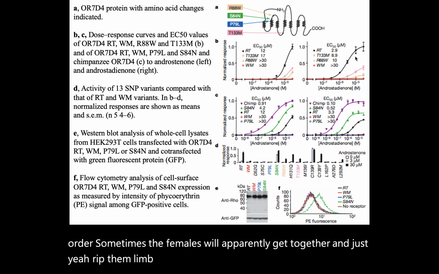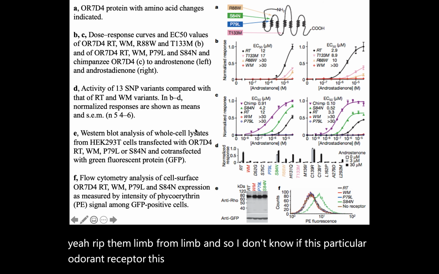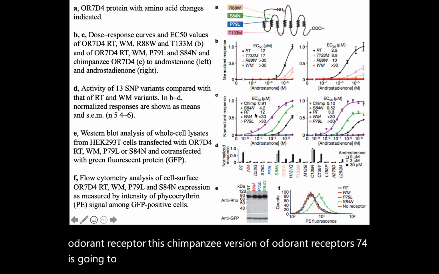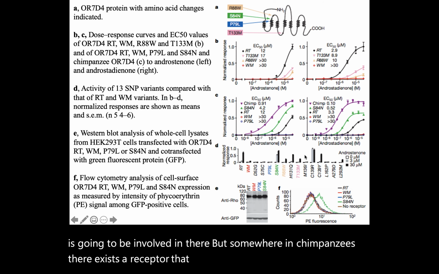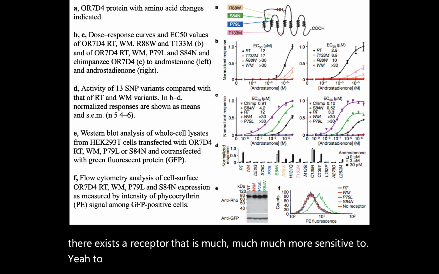And so I don't know if this particular odorant receptor, this chimpanzee version of odorant receptor 7D4, is going to be involved in there. But somewhere in chimpanzees, there exists a receptor that is much, much, much more sensitive to male scent, basically, than in other creatures, such as ourselves. So, interesting.